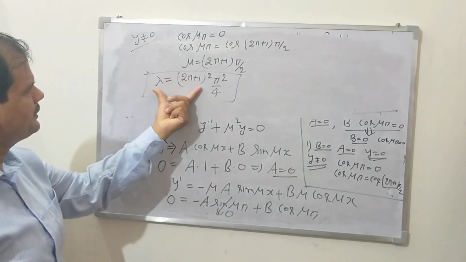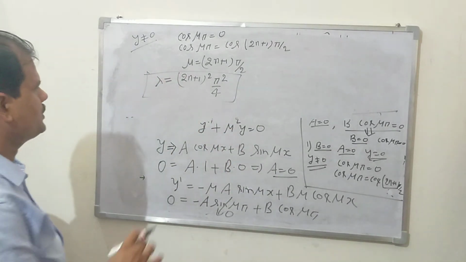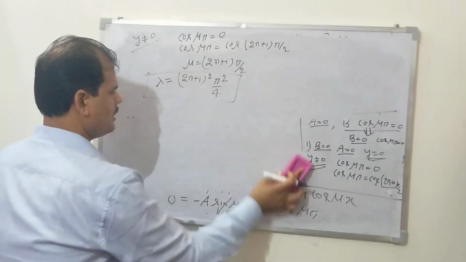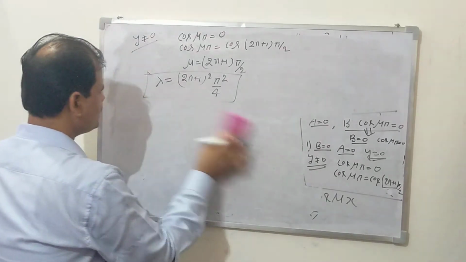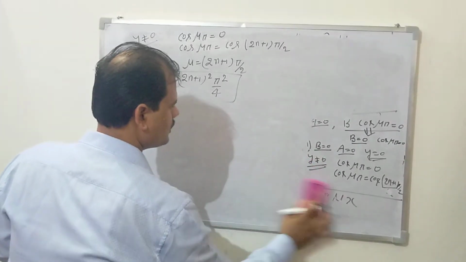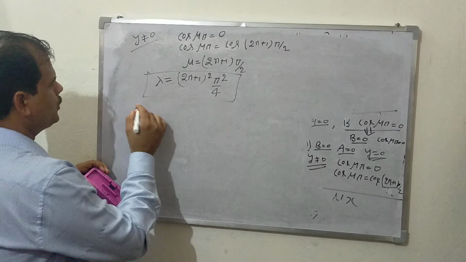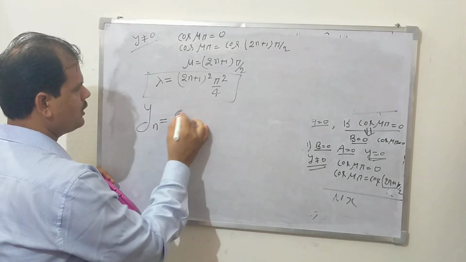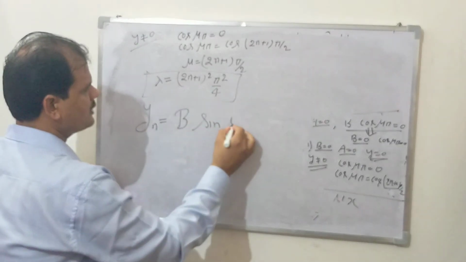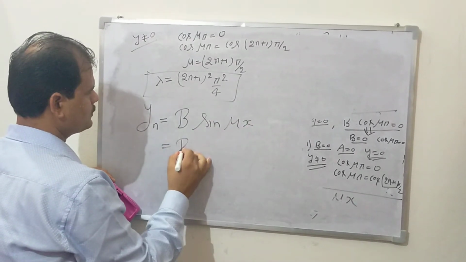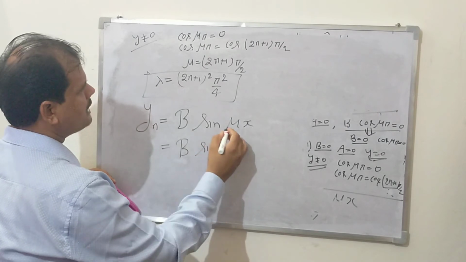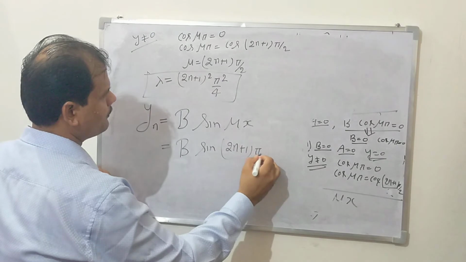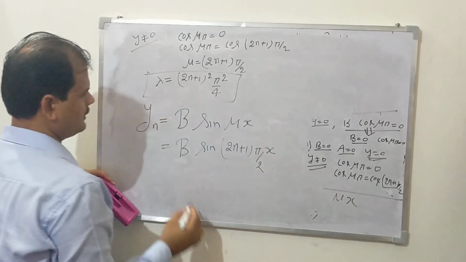This value of lambda is called the eigenvalue, and the solution corresponding to this lambda we call the eigenfunction. So y_n, with a equal to 0, we have b sin mu x, with mu equal to (2n plus 1) pi by 2, so b sin((2n plus 1) pi x by 2).